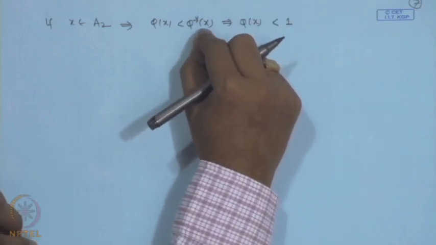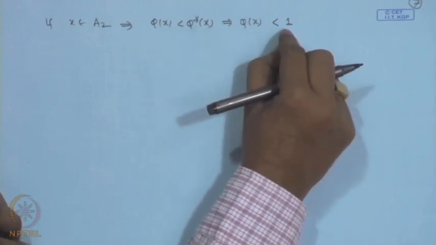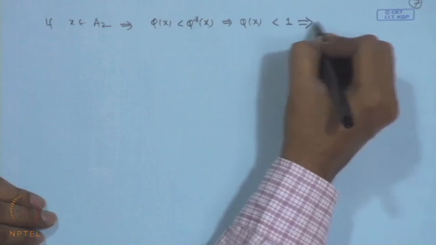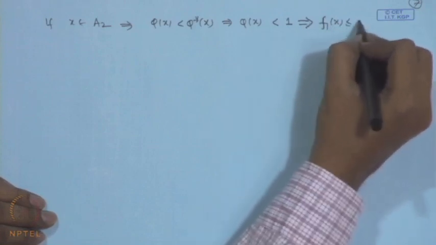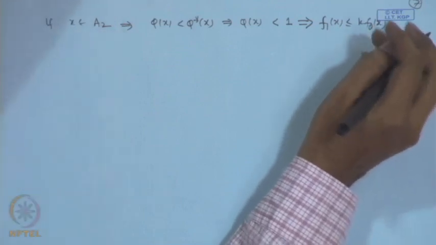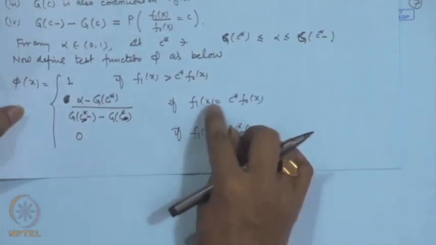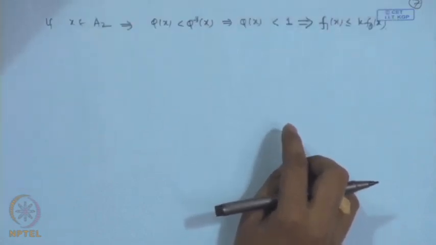You can't have phi star equal to 0 and then phi x less than 0. Therefore, phi x must be less than 1, but this is the region where f1 x is less than or equal to k times f naught x, because in this portion and this portion we have f1 less than or equal to c star f naught.